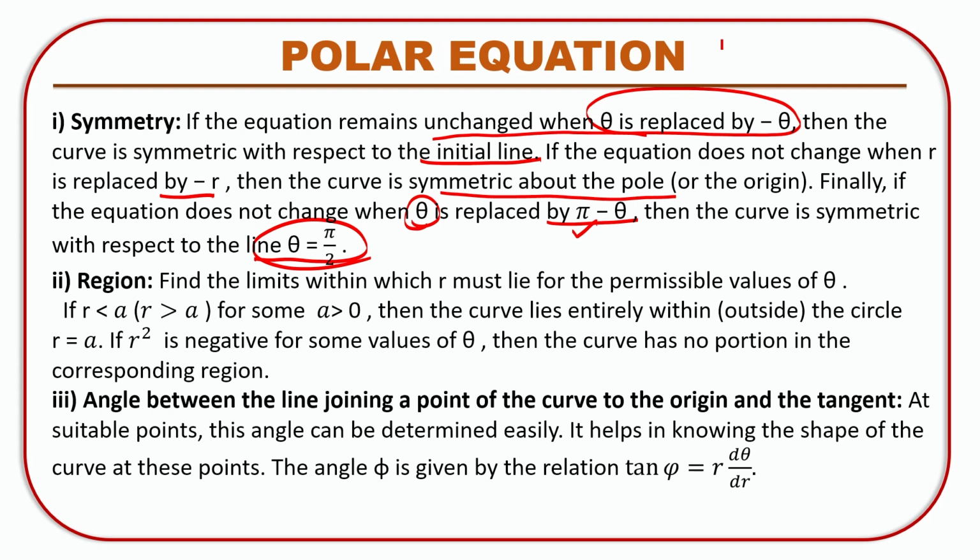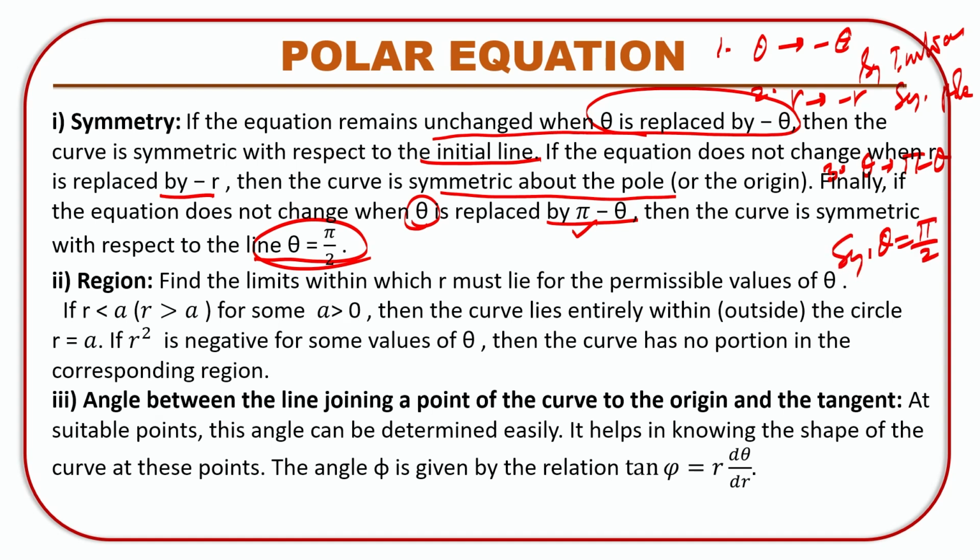First, theta replaced by minus theta means symmetrical about the initial line. Second, r replaced by minus r means symmetrical about the pole. Third, theta replaced by pi minus theta means symmetrical about theta equal to pi by 2.